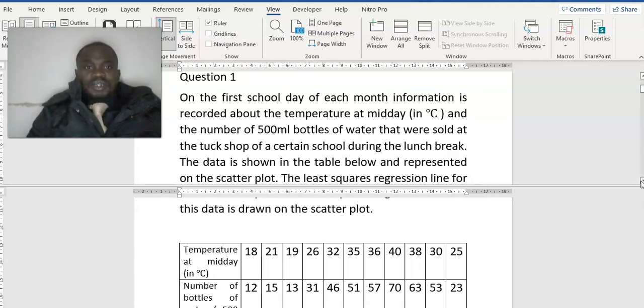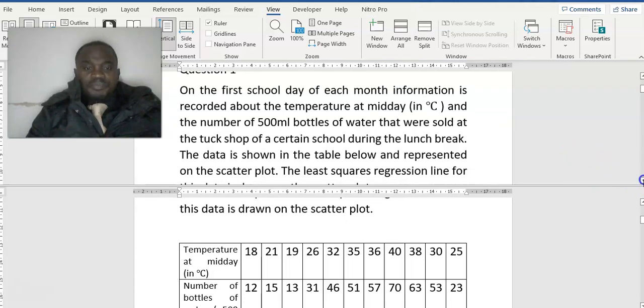It says, on the first day of each month, information is recorded about the temperature at midday in degrees Celsius and the number of 500 milliliters bottle of water that were sold at the tuck shop of a certain school during the lunch break.